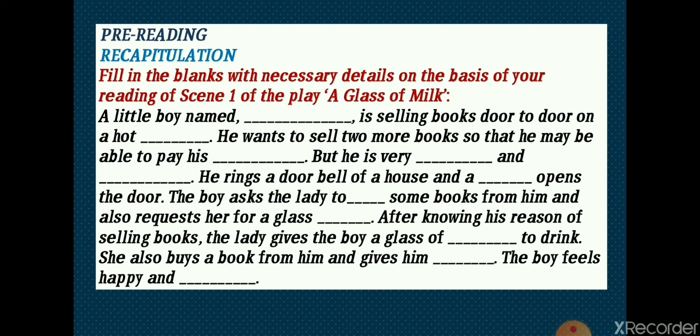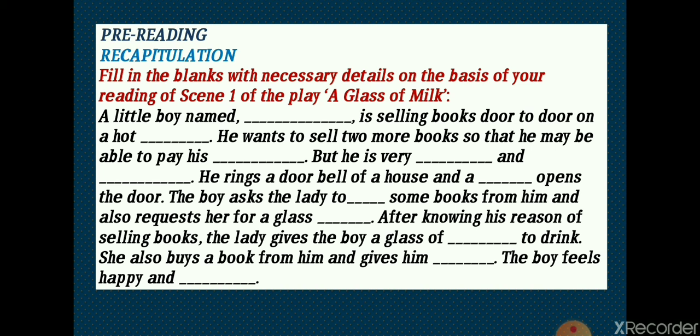But don't worry, I'll give you the hints. Ready? Let's start. A little boy named, what is the name of the boy? You have to fill here. Is selling books door to door on a hot dash. Here you have to fill which part of the day it was.